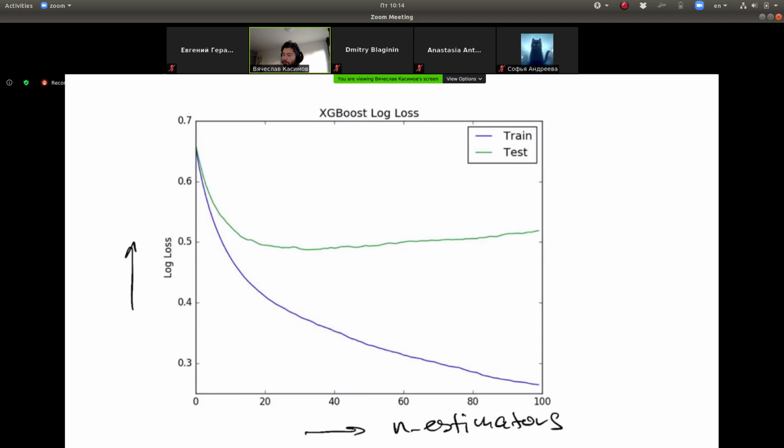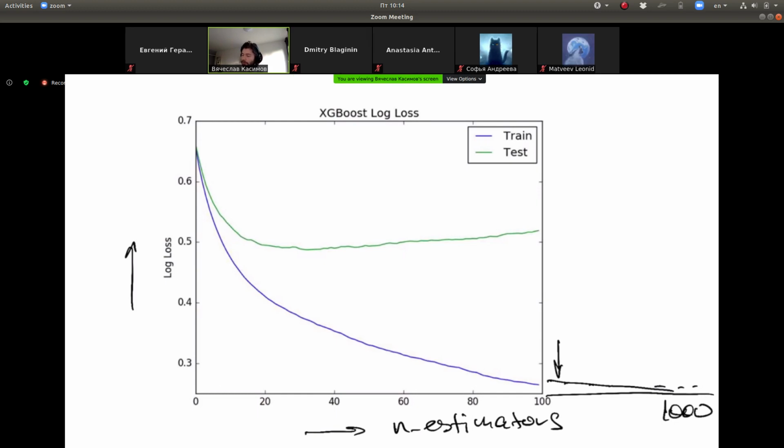You can see that as we take more and more of them, we could decrease our train error to 0. But for the test set, it will start to increase. It will increase very slowly, but still it starts to increase.